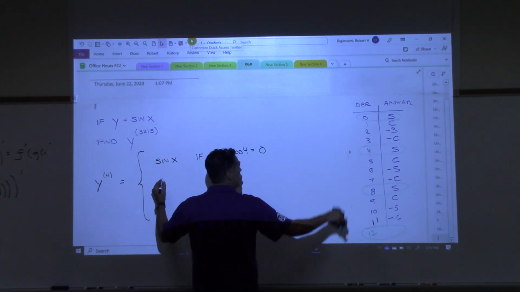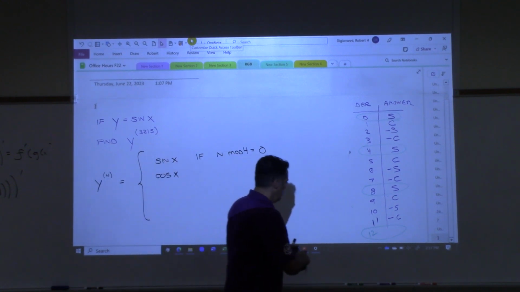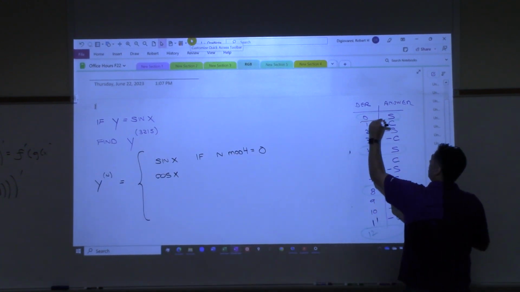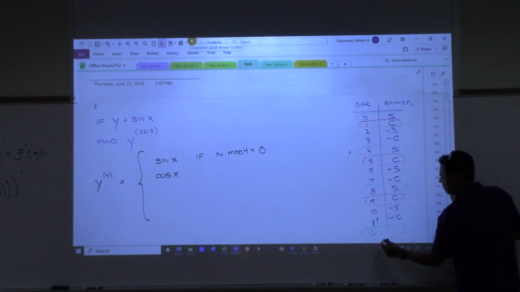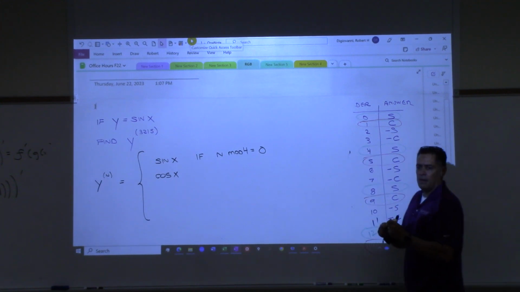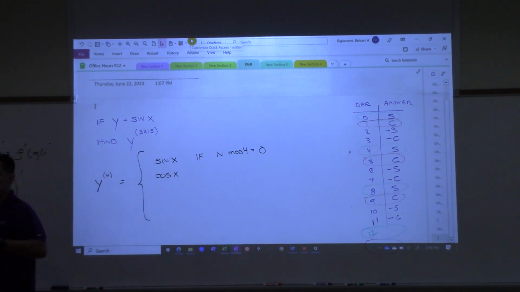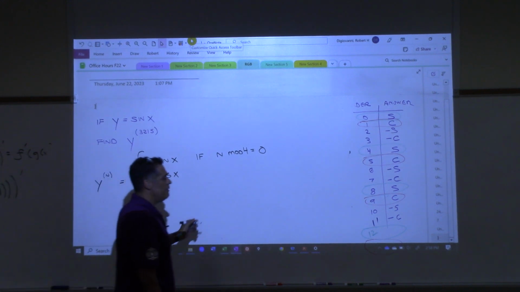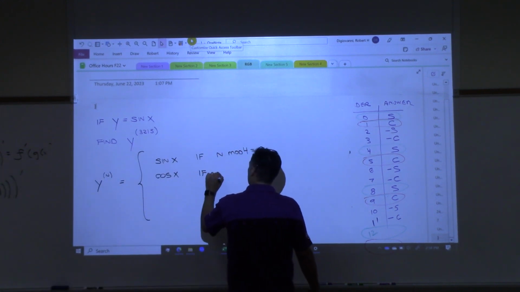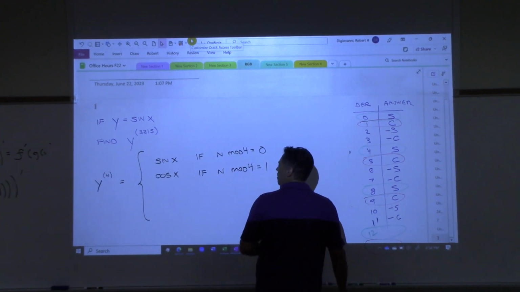Now, the answer will be cosine if what happens? Cosine, right? If when I mod that number with 4, I get 1. So if I mod that derivative with 4, I get 1.